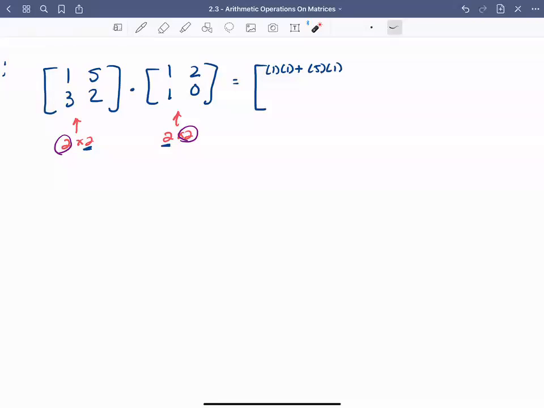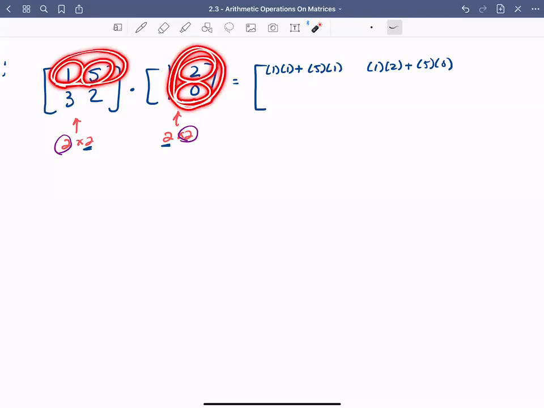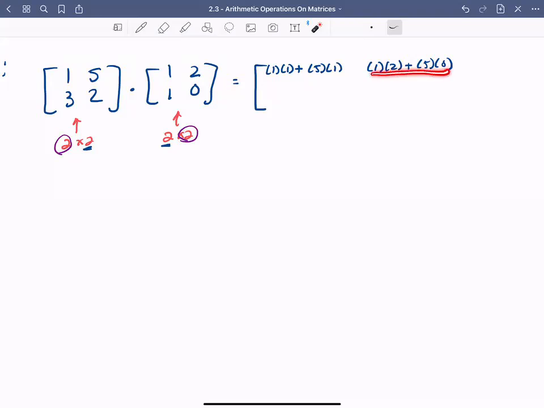To get my second entry point over here, I still take the whole row because I'm still in the same row, and I multiply by the second column now. So I'm going to say 1 times 2 plus 5 times 0. My whole row times my second column. Again, that's just my second entry.